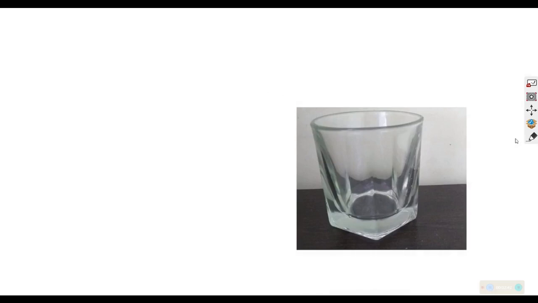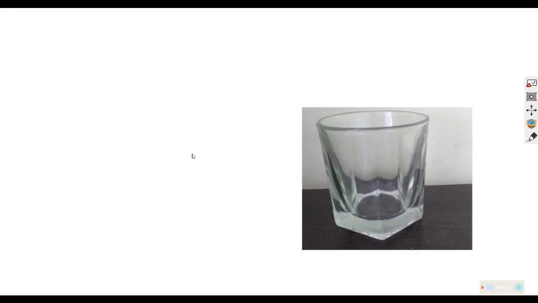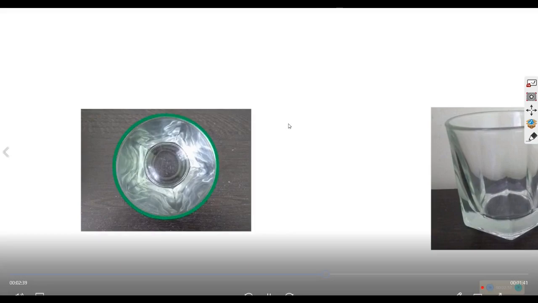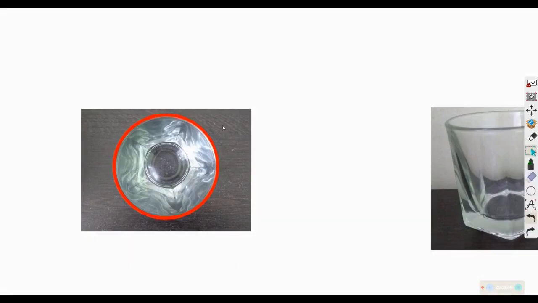You can use a thread or a wire to keep around the edge of the glass, and then you can understand what the circumference is. This colored circle which I am putting is the circumference of the edge of the glass.